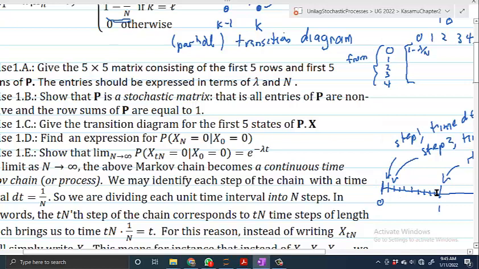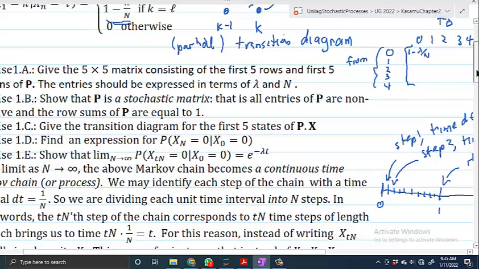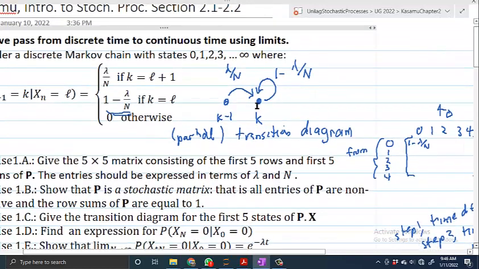So that means capital N transitions. Each transition looks like this. It goes from a state either to the next state or a state to itself. If I am to end up in state K at time n plus 1, either the process was in state K the previous time or the process was in state K minus 1. Let's continue the discussion.